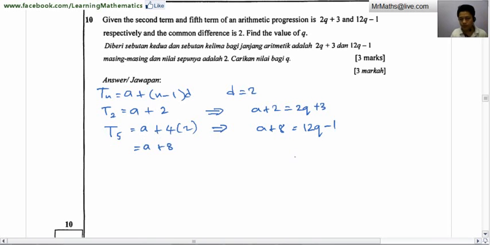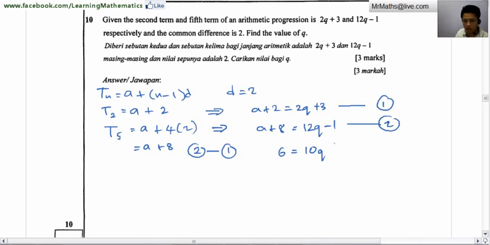Okay, so we name this equation 1 and this equation 2. It can be simplified further, but you know, just go for it. So if I take equation 2 minus equation 1, then you get, okay, 6 equal to 10q minus 4.